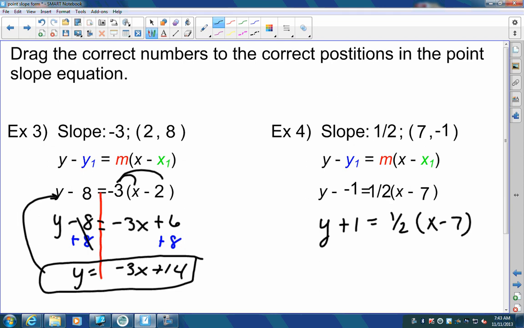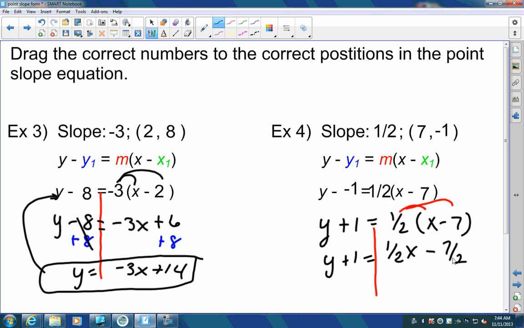Now, I want to change this into slope-intercept form. So the first thing I'm going to do is my distributive property. Y plus 1 equals 1/2 times x is 1/2 x. 1/2 times negative 7. You can either write it as negative 7 over 2, or you can do it as negative 3.5. You could use a decimal here if you wanted to.